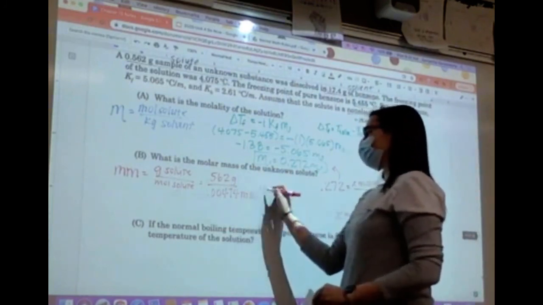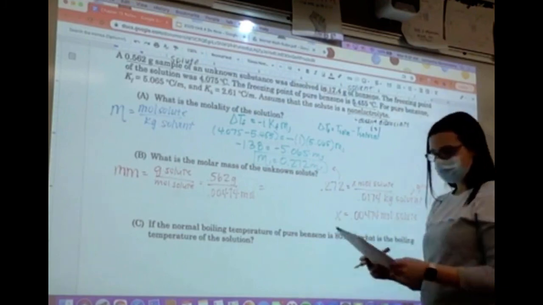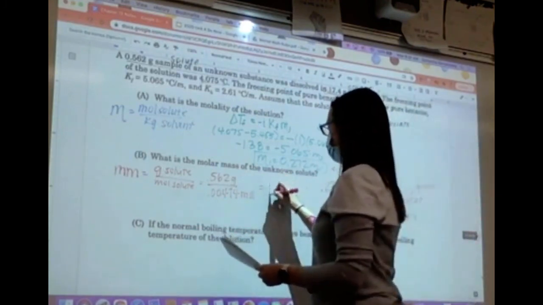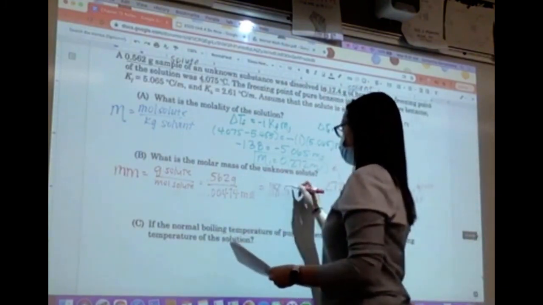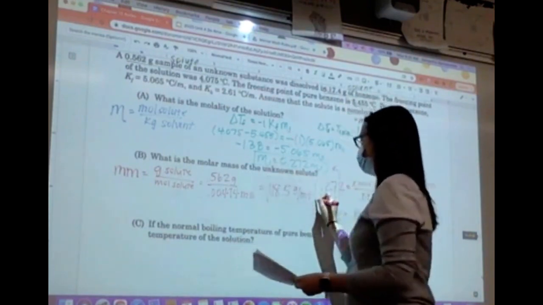Grams over moles, that's our molar mass. So 0.562 divided by 0.00474 moles. We should get a molar mass of 118.5 grams per mole.